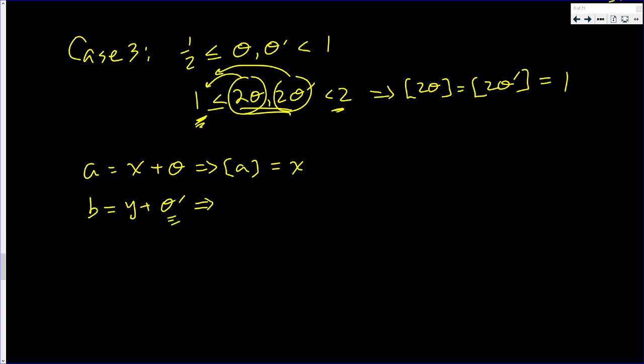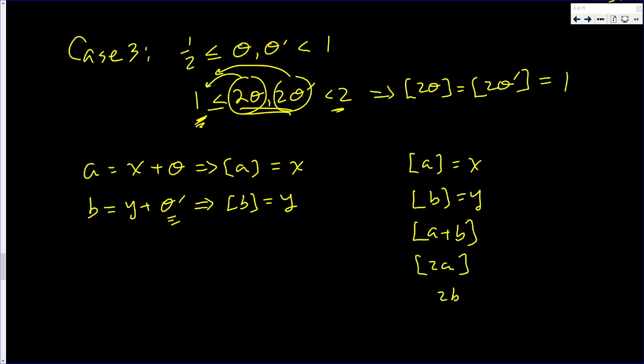This is less than 1 and positive. That means the greatest integer of b is just y. Okay, so again, let's do the bookkeeping. This is x. This is y. A plus b to be determined.